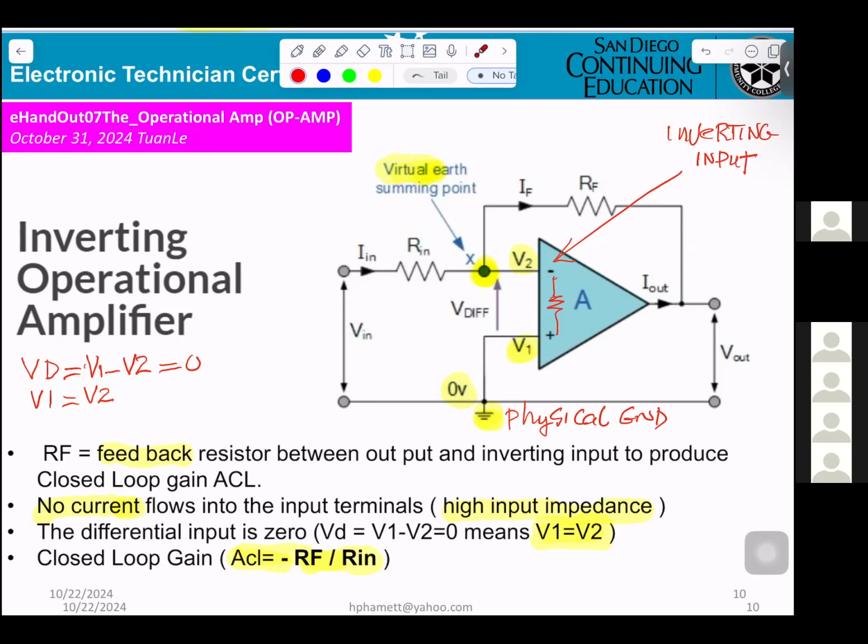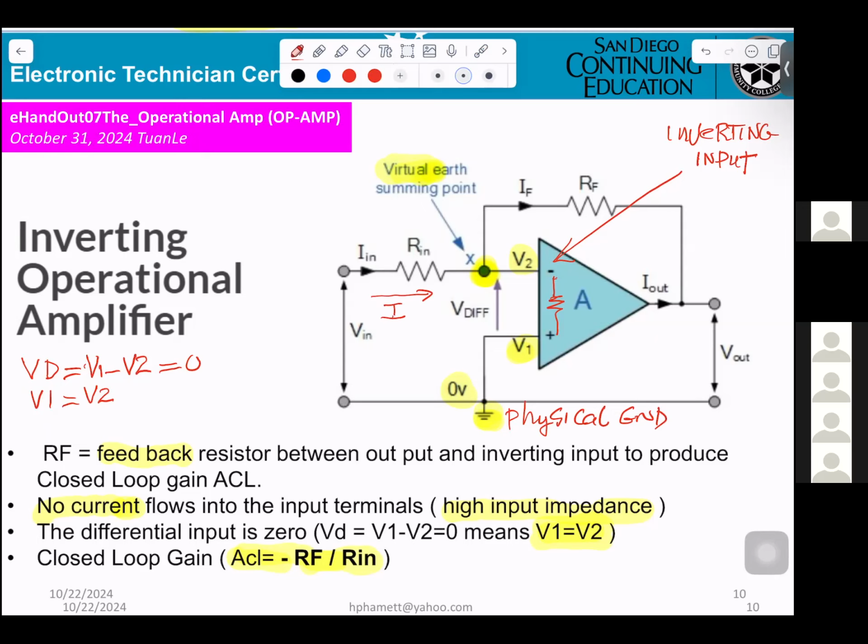And the other one in here is not a physical root, they call it a virtual root. That means it is not connected directly to the root, but it is 0 volt. Now, Mr. Pham, real quick, what is the virtual ground connected to?